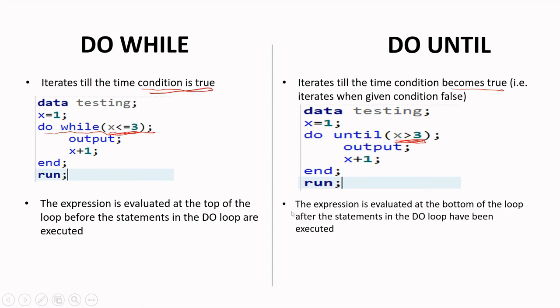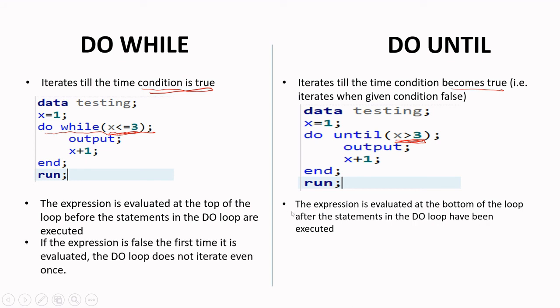So this is the second difference. Next, if the expression is false the first time it is evaluated, meaning when the do while loop starts and it finds the expression is false, it will not even execute once. The do loop does not iterate even once.